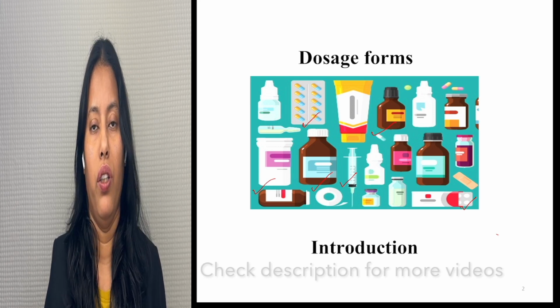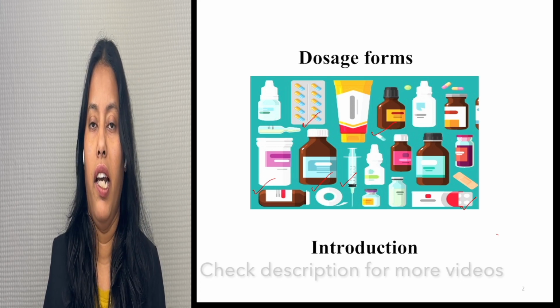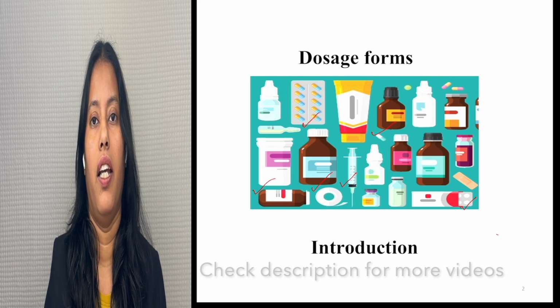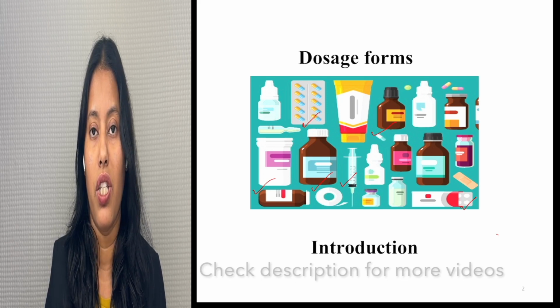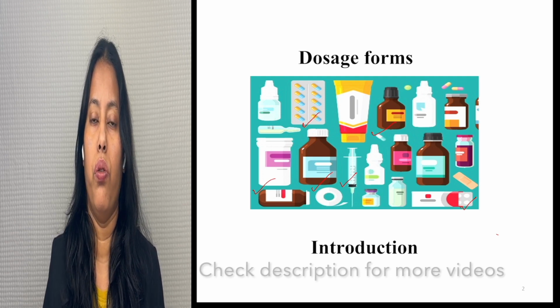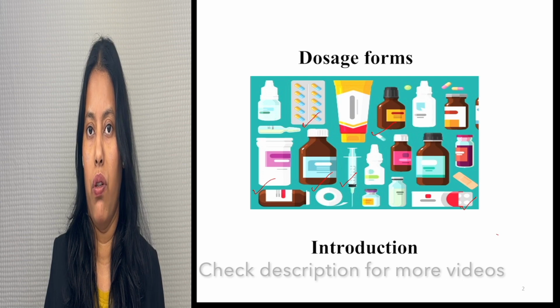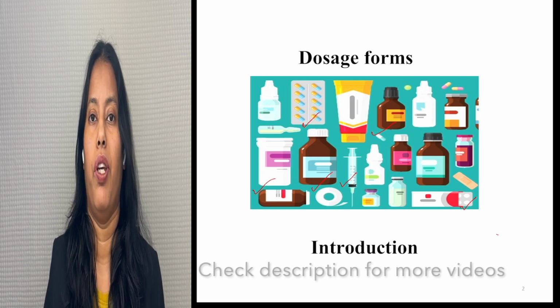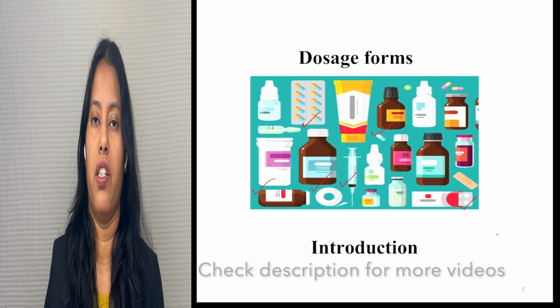When you were small, you used to have liquid formulations like syrups, suspensions, solutions, and drops. When you grow up, you switch to tablet, capsule, and powder dosage forms. Some elderly patients again prefer liquid dosage forms.